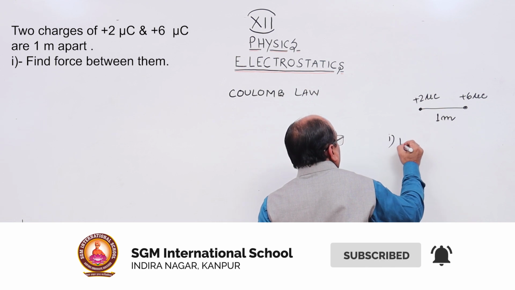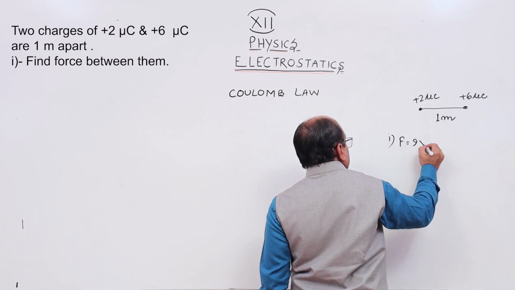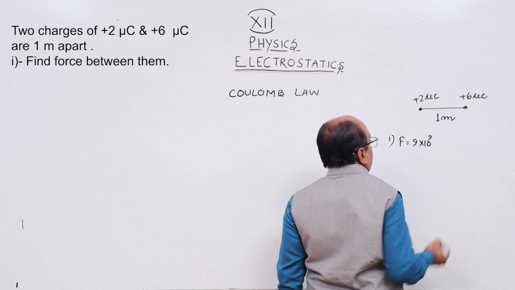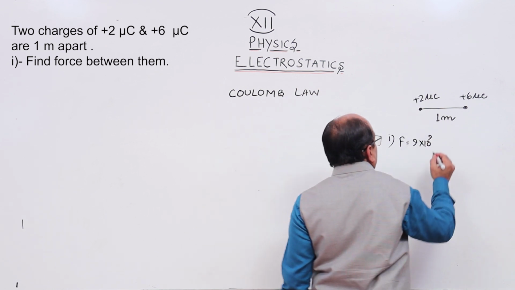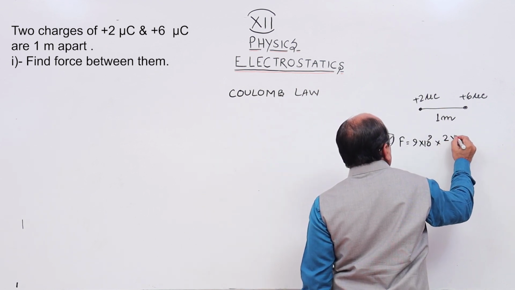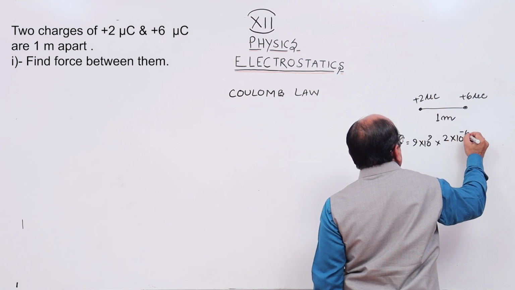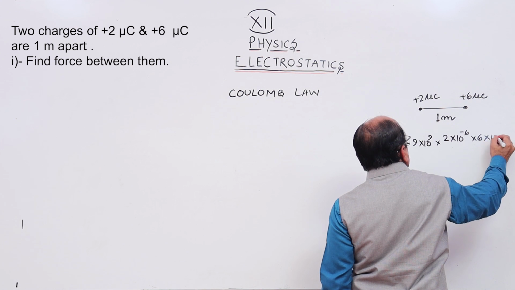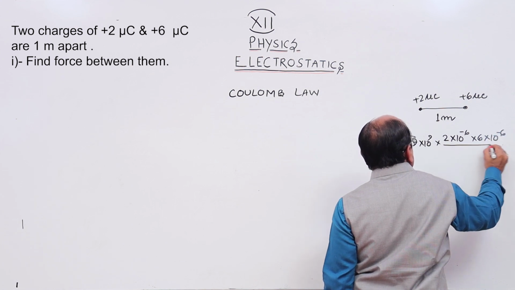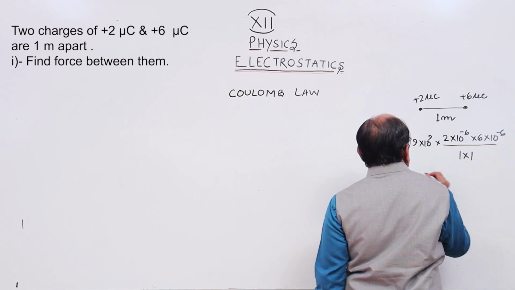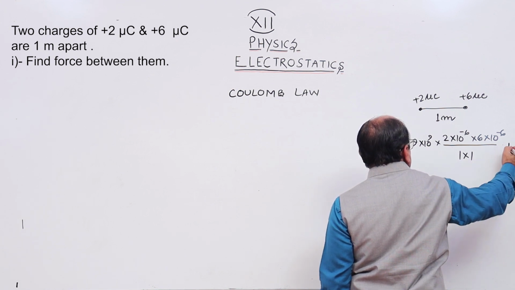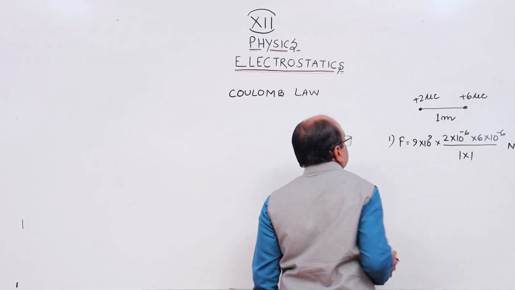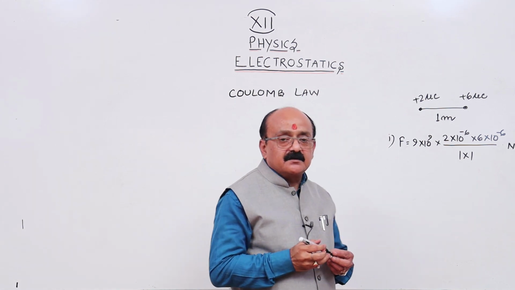Very simple, F is equal to 9 into 10 to the power 9, just by applying Coulomb's law, 2 micro is 10 to the power minus 6, into 6 into 10 to the power minus 6, upon 1 into 1. You will get the answer in Newton. This is the first part.